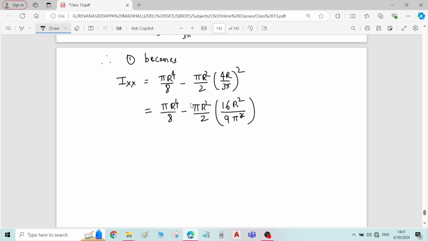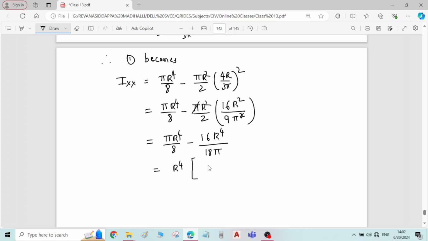Pi gets cancelled, therefore it is pi r raised to 4 by 8 minus 16 r to the power of 4 divided by 18 pi. What we will do is we will take this r to the power of 4 common.